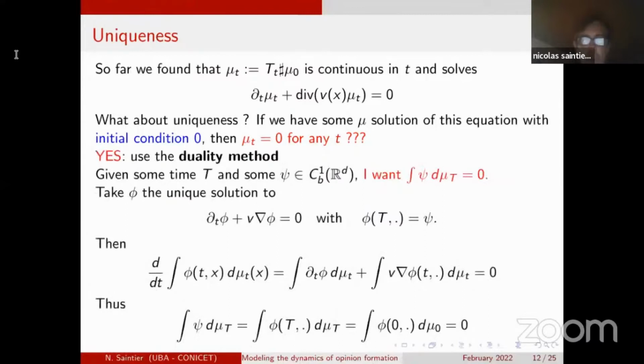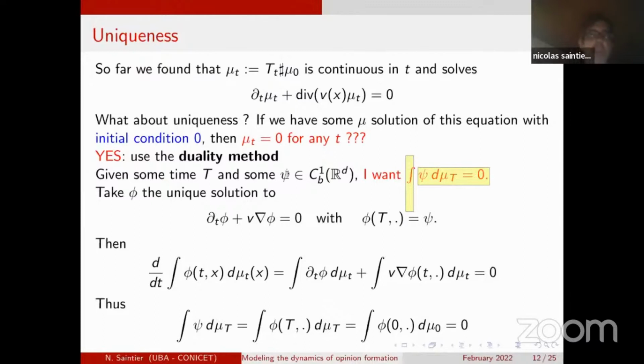I pick some time t, which I call capital T, and I would like my mu_T to be 0. So this means that I would like this integral to be 0 for any test function psi.